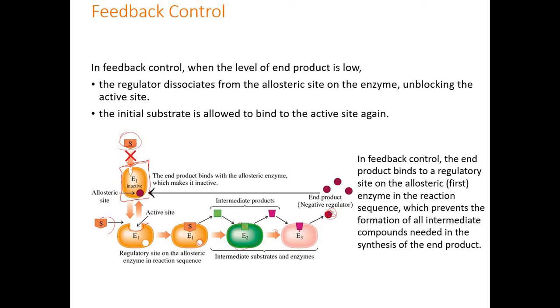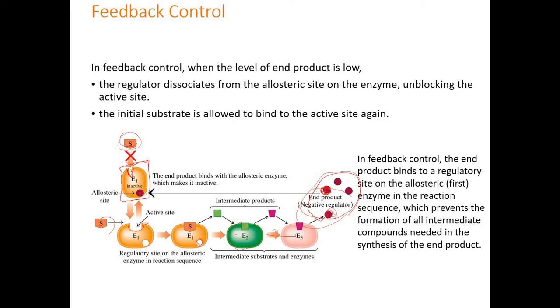So these are just a series of reactions. Okay, so this is reaction, reaction, reaction. These are a series of reactions, and then after that it formed this negative regulator. So due to the formation of this, the end product is a perfect fit to this allosteric site, right? So it will bind to the allosteric site of the enzyme.